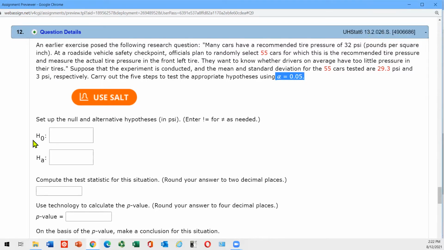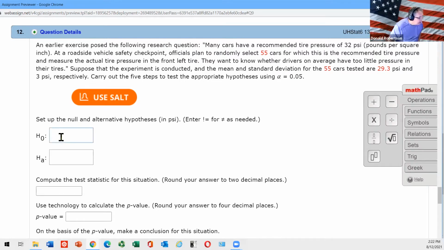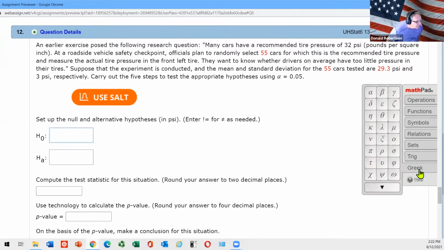Okay, so let's set this thing up. We are going to type in the null hypothesis, which is mu equals 32. So now I have to find the Greek letters and find mu. If you're wondering where mu is, it's in Greek letters. And it's equal to 32.